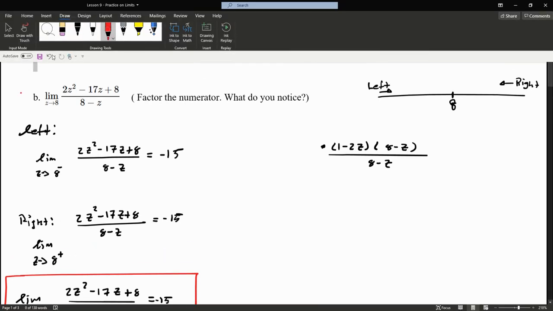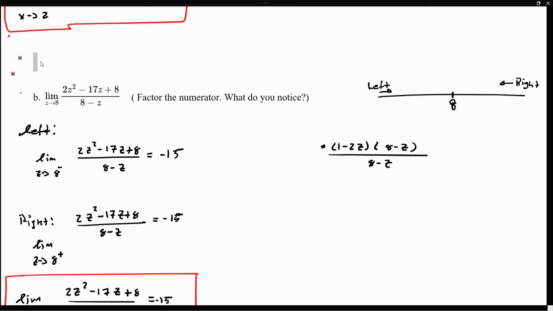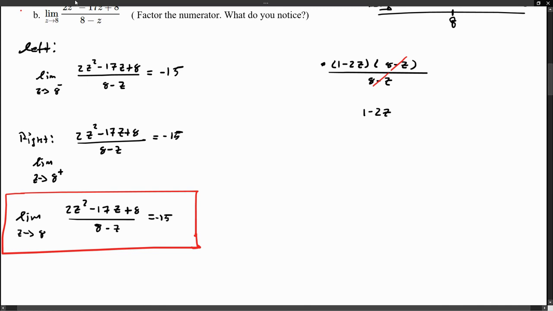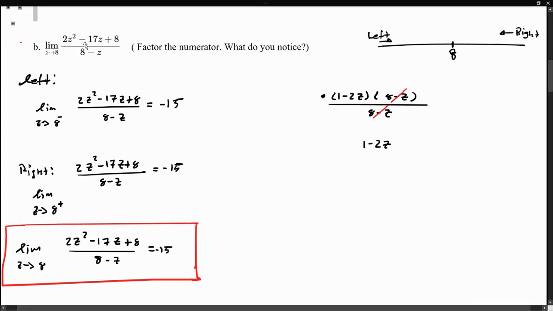By doing that, notice that now they're going to cancel out, and now we're going to have 1 minus 2z. If we take a look at the simplified version of the original expression, and we substitute z equals 8, we end up with 1 minus 2 of 8. So that's 1 minus 16, which is negative 15 as well.